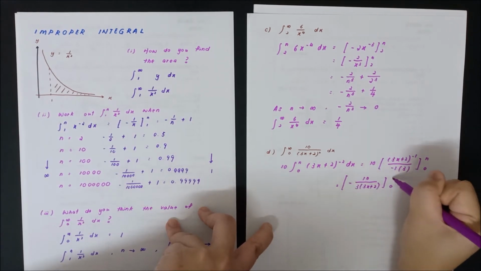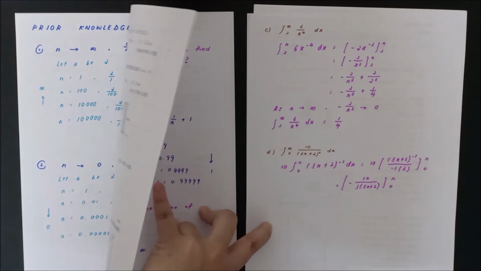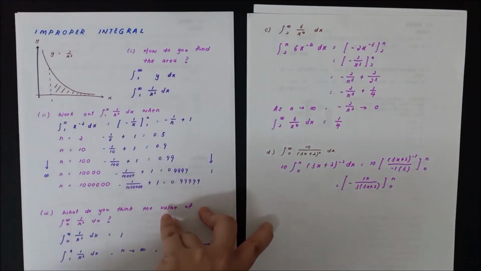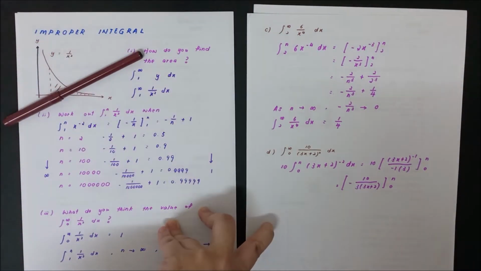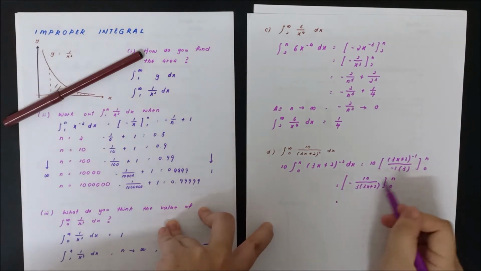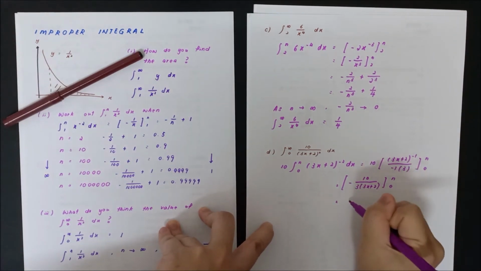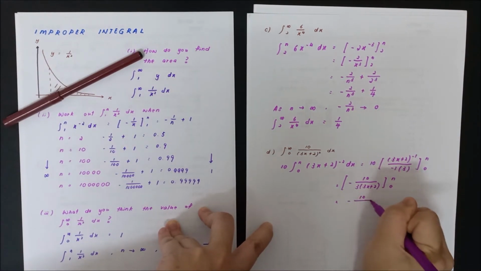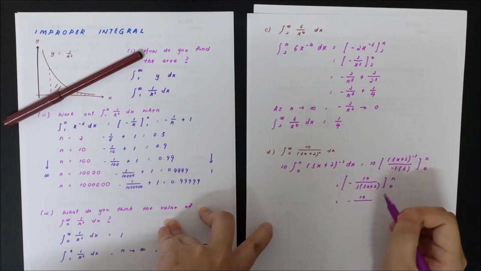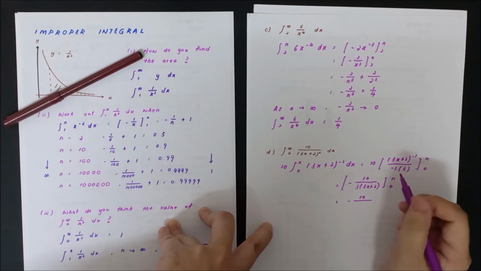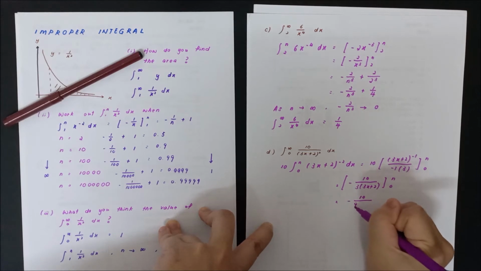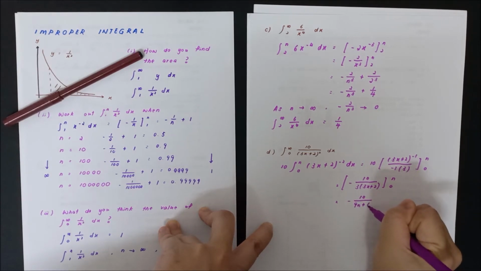Okay, from 0 to n. So now you can try to substitute. Okay, so substitute n here. Negative 10 over, if you want you can straight away expand them, it is totally alright also. So 3n, meaning 9n plus 6.